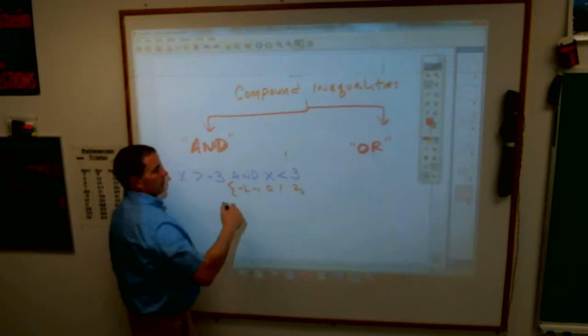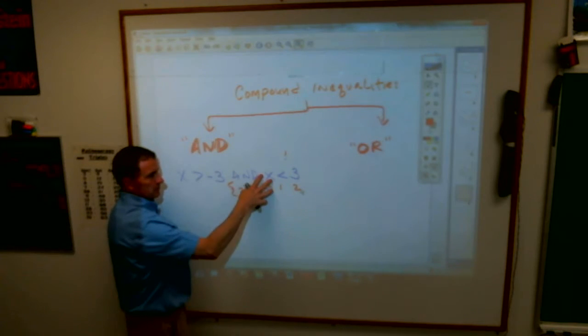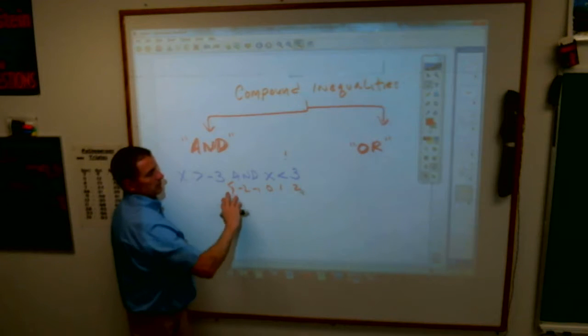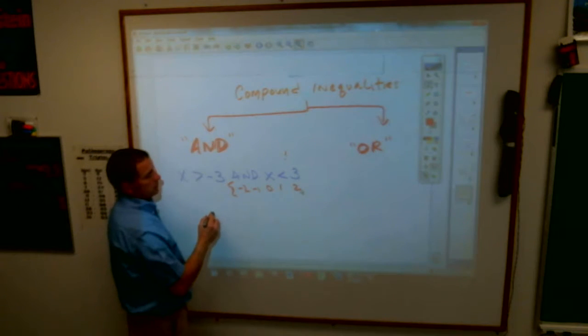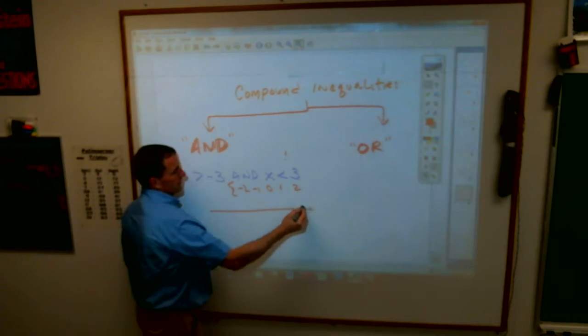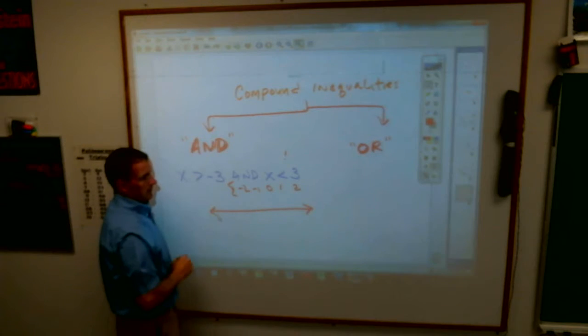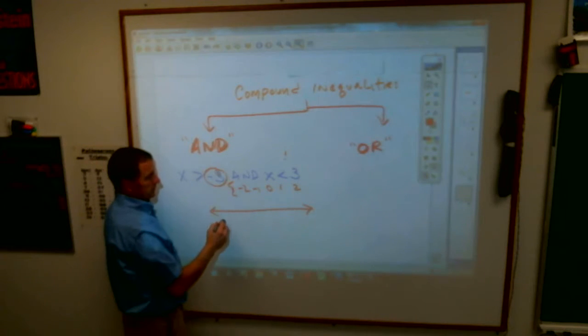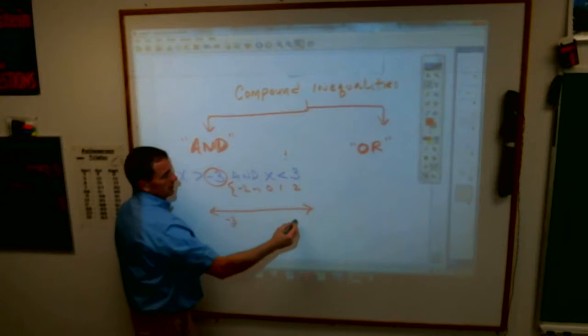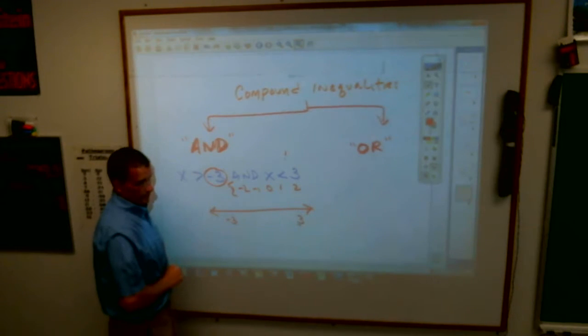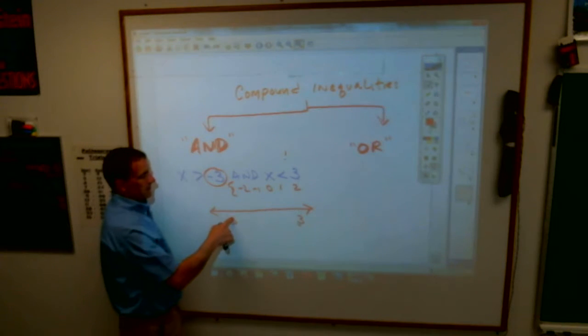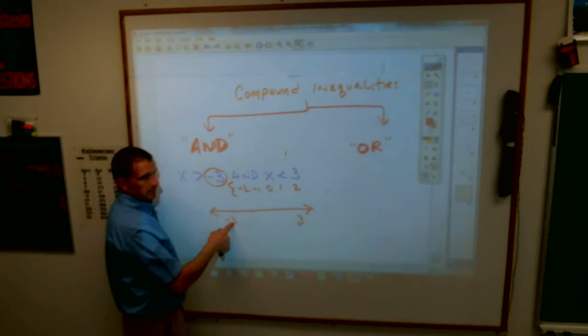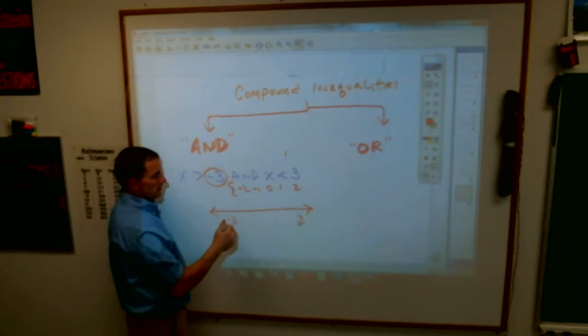Right? Now, when you have a compound inequality like this, we're not going to write down all the numbers. We are going to show the answer by doing a number line. That number line goes from -3 to +3, but since it doesn't equal -3, if there's no equal sign under here, you make an open circle.